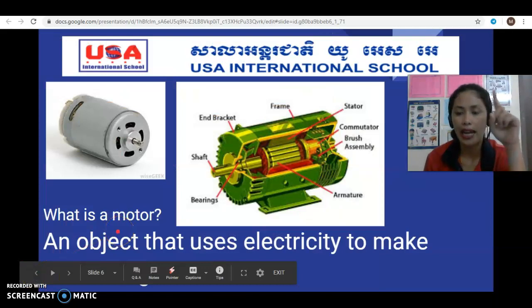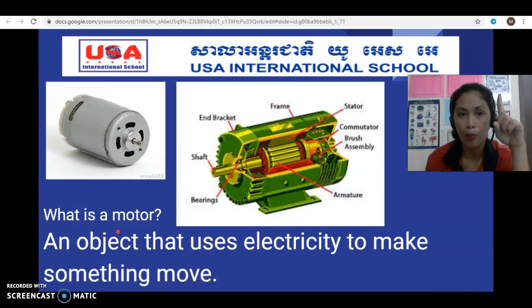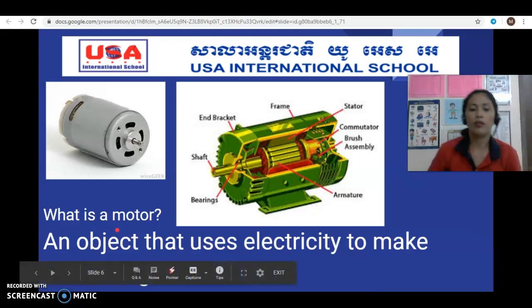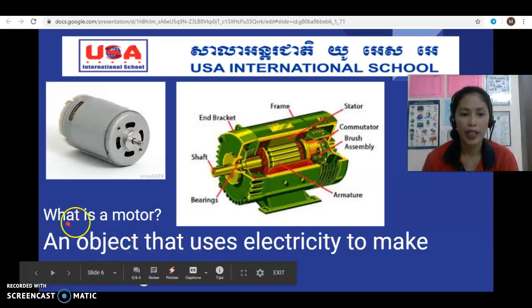A motor, first, can help things move and spin. So if something needs to spin and needs to move with the help of electricity, they use what? Motor. So what is a motor?